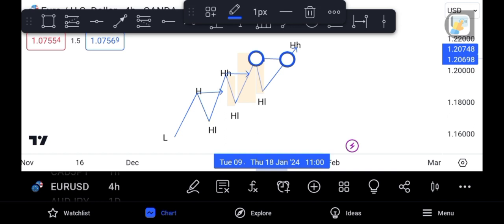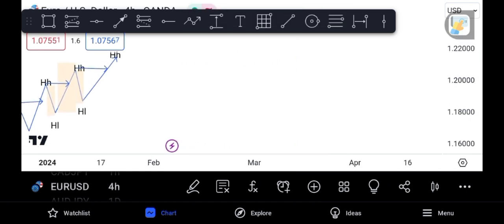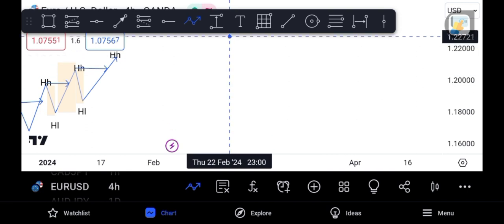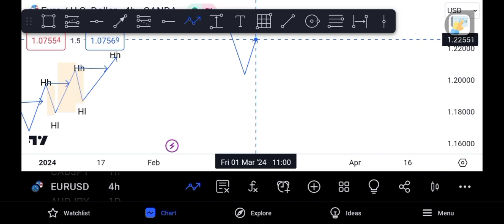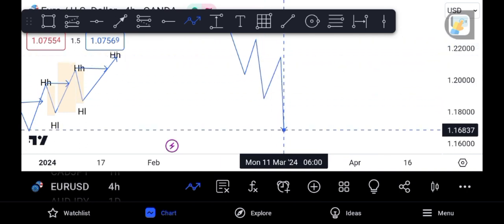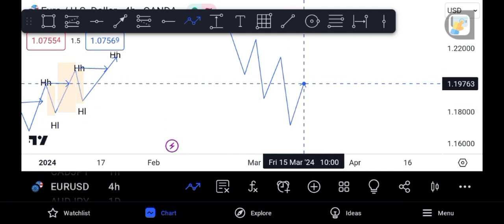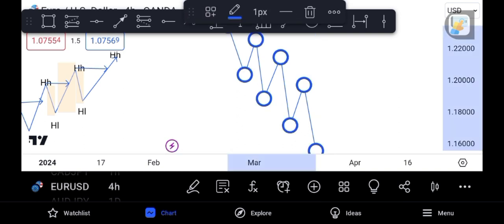So this is typically the characteristics of an uptrend. The next market is the downtrend. When we see a market moving in this direction, it clearly tells us that we are moving in the downward direction.